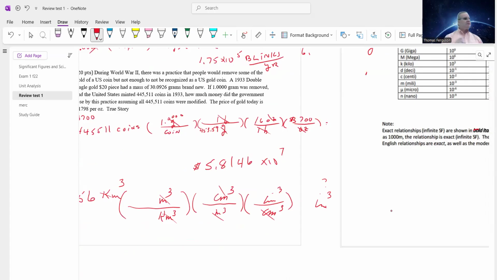Now we have to put our conversion factors in, and we have to convert them from linear to cubic. That means we're going to be cubing some of these numbers.